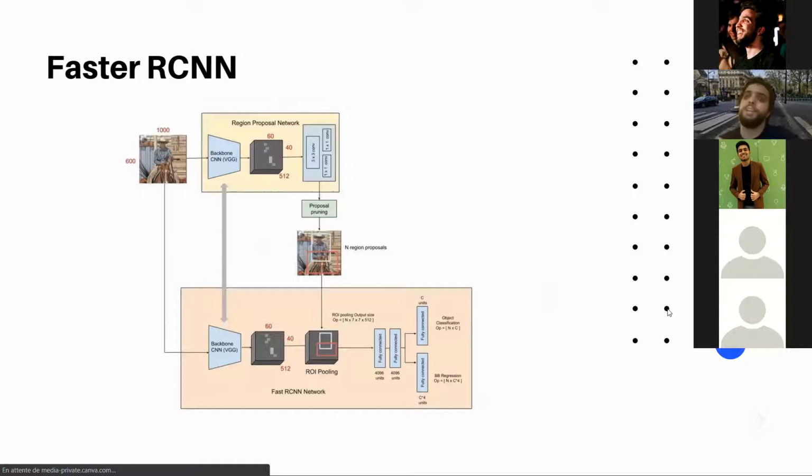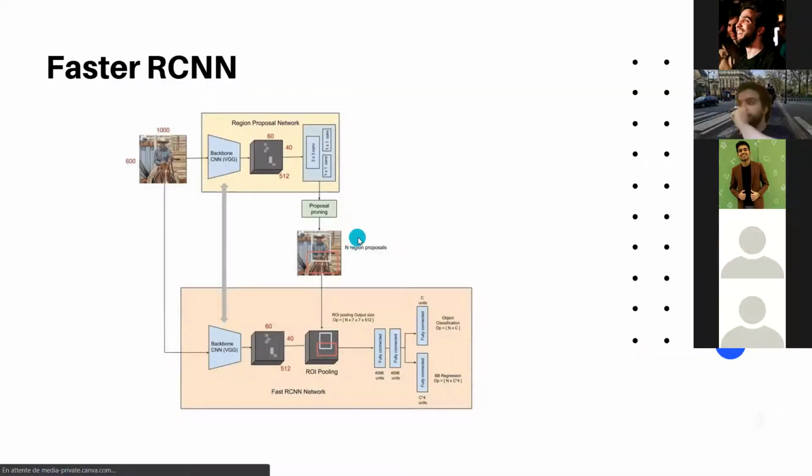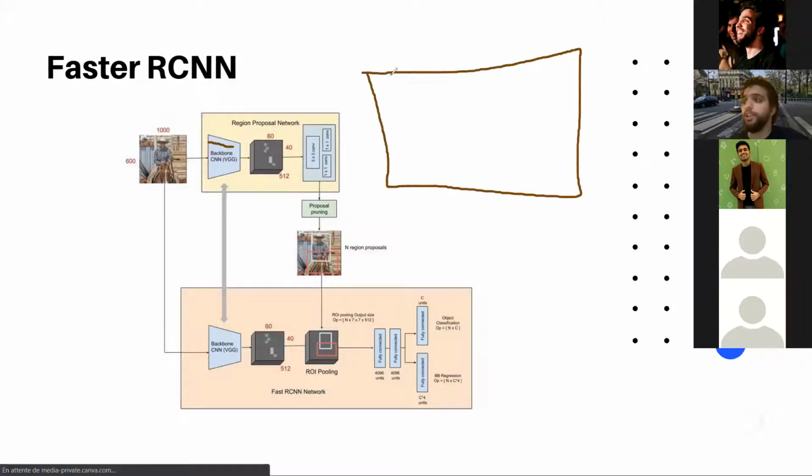Instead of sliding a full CNN over the image again and again, we borrow the idea from Fast RCNN by simply taking the image, passing it through the CNN once, and doing this sliding operation on the feature map instead of on the image.